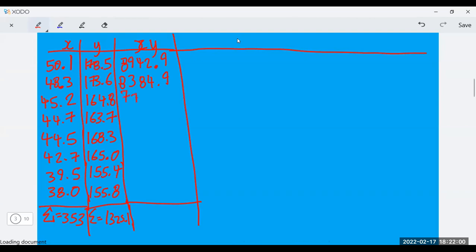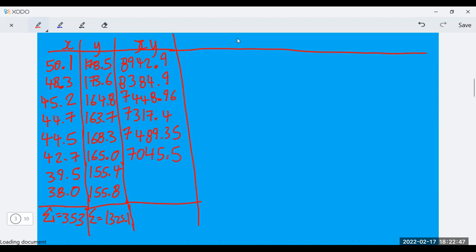We get 7448.96, I'll just write that one exact. 44.7 times 163.7, we get 7317.4. 44.5 times 168.3, that's 7489.35. 42.7 times 165, we're getting 7045.5.